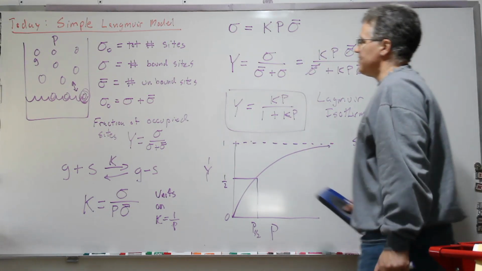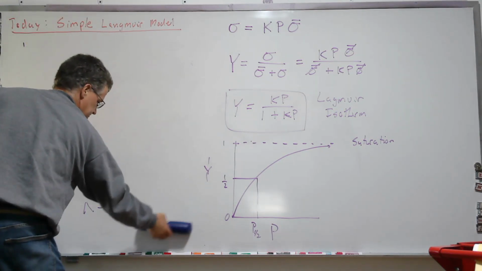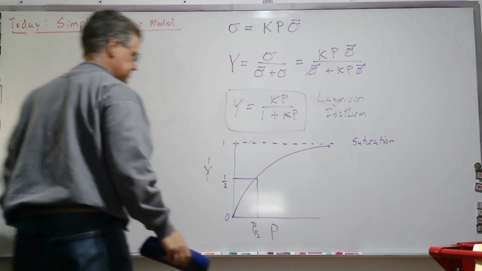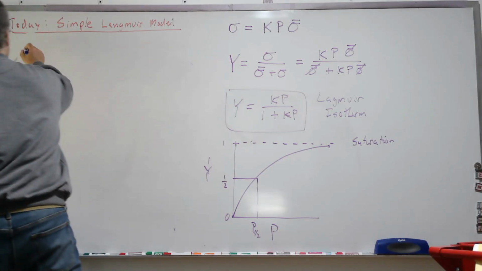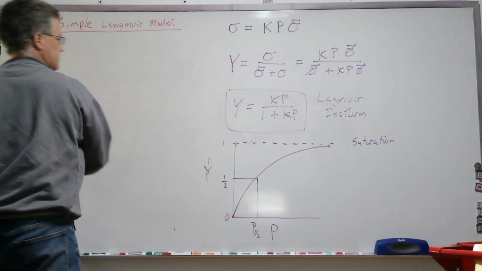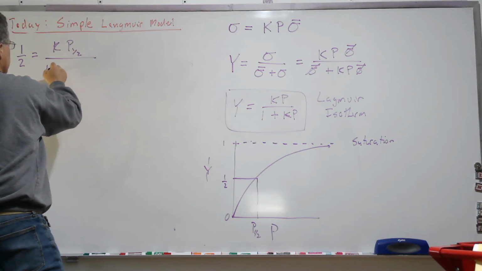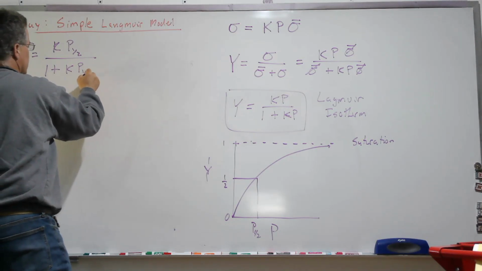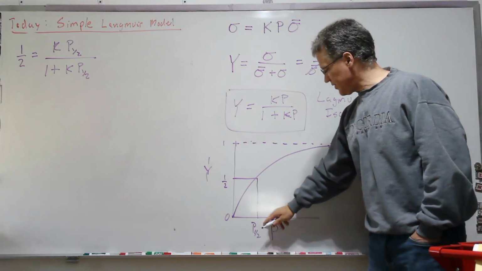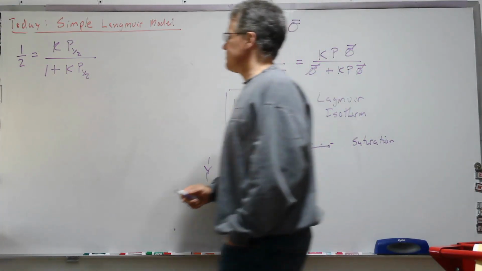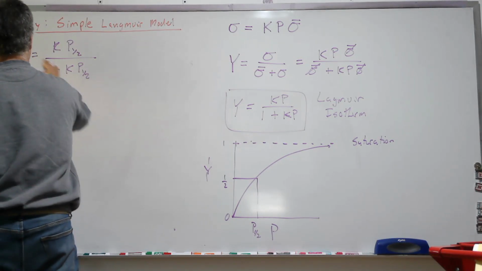So let's derive an expression for that. We'll take our Langmuir isotherm, set y equal to 1/2. I have to be careful to label my pressure so that we're talking about this particular pressure point. So let's solve this.